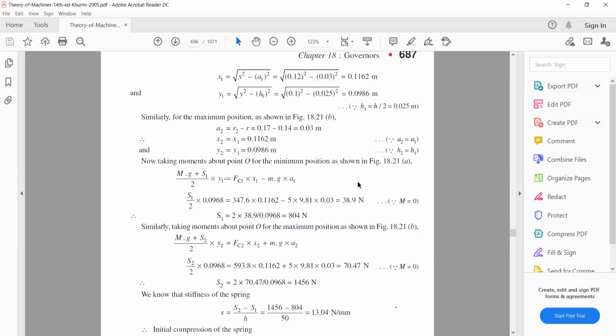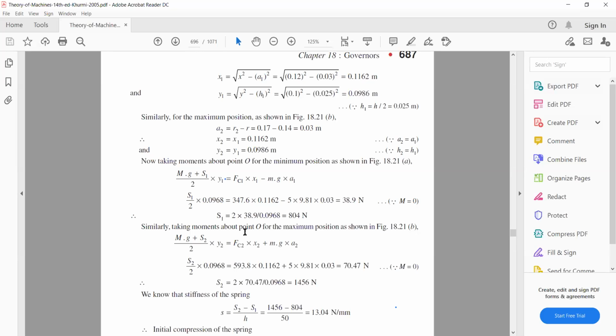Now taking the moment equation, that is (mg plus s1 by 2) into y1 equals Fc1 into x1 minus small mg into a1. Substituting the known values, s1 by 2 into mg by 2, and making the calculation, the s1 value comes to 804 newtons.